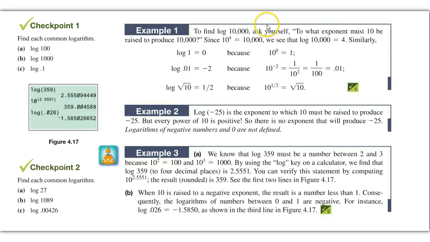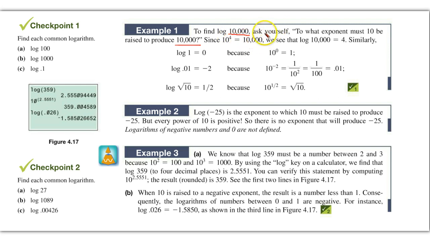So we can follow along now with example 1. To find the log of, let's say, 10,000, we ask ourselves, to what exponent must 10 be raised to produce 10,000? Well, that exponent is 4. So it would be 10 to the 4th equals 10,000.